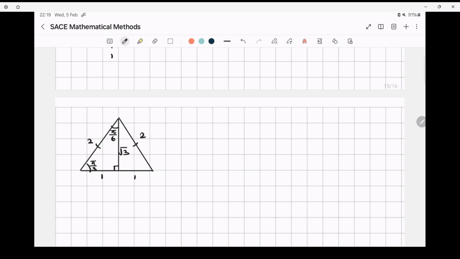Okay, so by definition, sine pi over 3 would be square root 3 over 2. Cos pi over 3 will be 1 over 2.